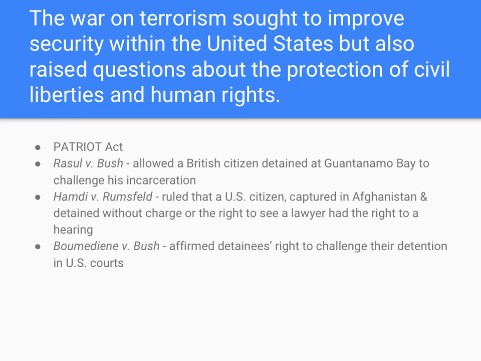And finally, moving into the 21st century, the very last key concept that deals with constitutional conflicts says the war on terrorism sought to improve security within the United States, but also raised questions about the protection of civil liberties and human rights. And again, this is that same question of liberty versus order. After 9/11, Americans became very fearful for our national security, and many Americans were actually willing to give up civil liberties in order to protect the security and safety of the United States.